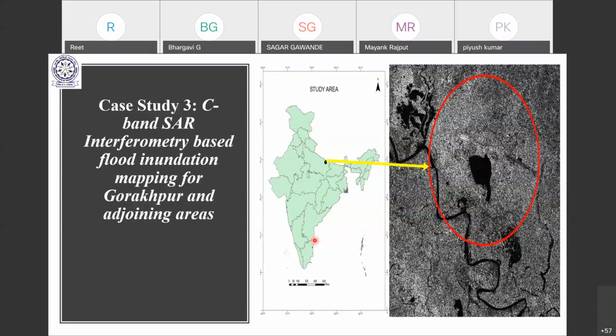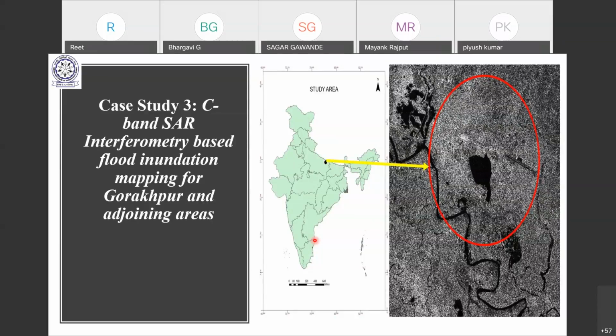But if the movement is too large, we will not be able to measure those movements. Similarly, in case of water, what happens? Water absorbs and reflects most of the backscattering signals from the microwave satellites. So if there is a flood event, the backscattering will decrease.